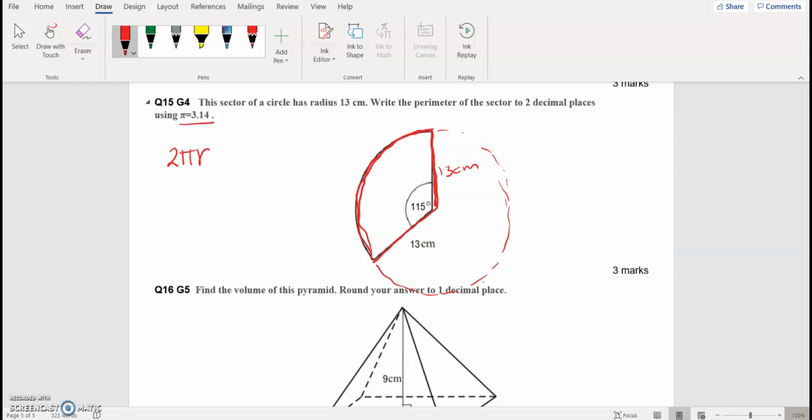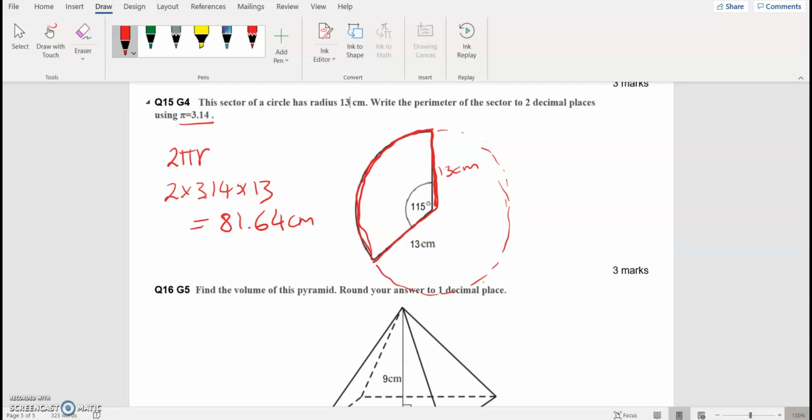Pi is given to us in this case, so 2 times 3.14 times the radius, which is 13. This would give us the circumference of the full circle, which is 81.64 centimeters.